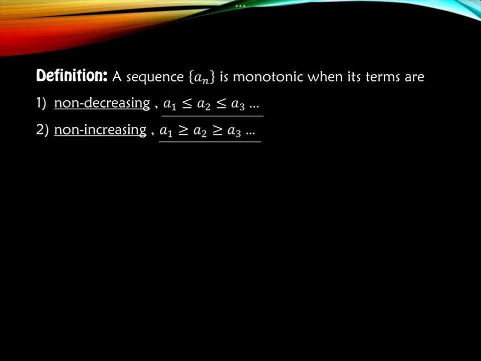And the answer is maybe. It also could be constant, or have some terms within the sequence that are. For example, it could go 1, 1, 1, 2, 2, 3, 3, 3, 3, 3, 3, 4, 4, 5, 5, 5, 6, 6, 6. It can go up like that. It just can't go back down.